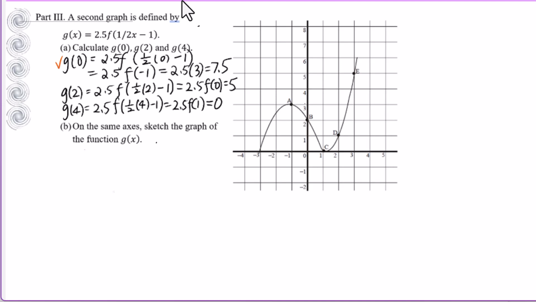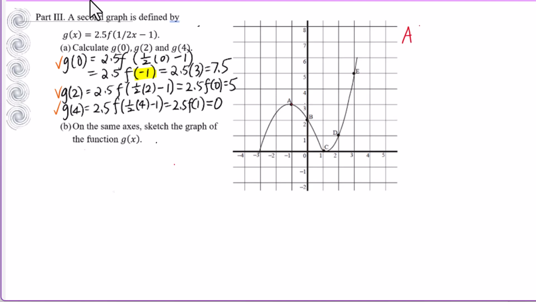Since we already figured out g of 0, g of 2, and g of 4, we will sketch the graph of g of x by calculating the transformed coordinates. From g of 0 equals 7.5, we know it's from the point -1, 3.